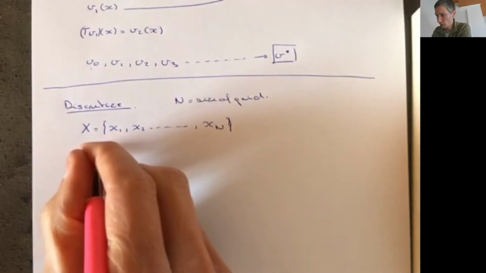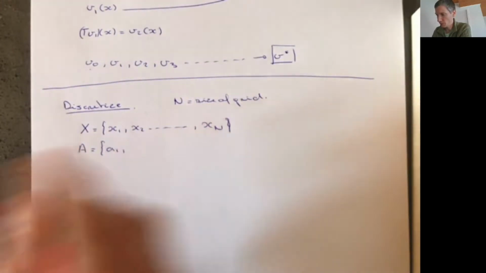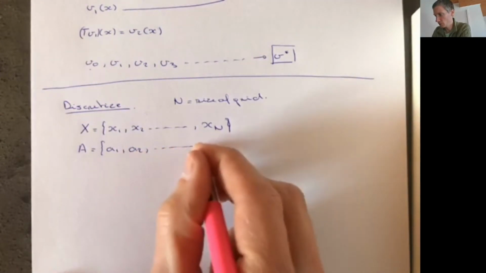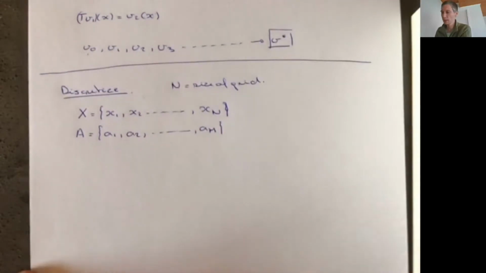You have to do the same with the set A. You have to say there's an action a1, an action a2, and so on. Maybe there are M actions that we can take.